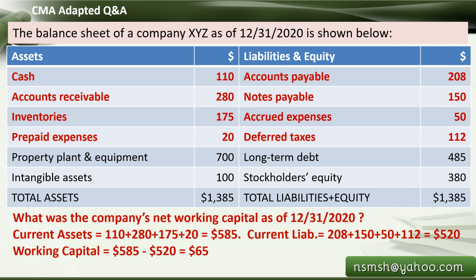If we do that, we easily get that the current assets become $585, which are highlighted in a different color, and current liabilities are also highlighted, because the other areas are fixed assets. Property, plant, equipment and intangible assets are fixed, so we should not include them. And long-term debt and stockholders' equity are not counted in current liabilities. Therefore, we get the working capital of $65.